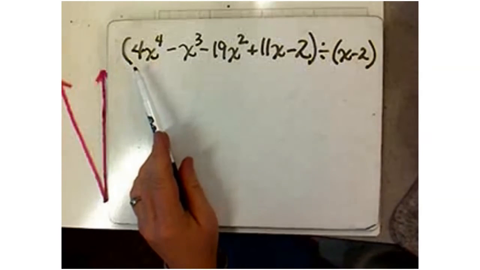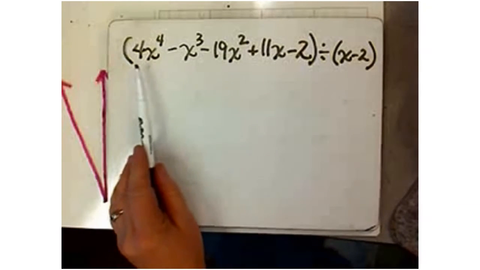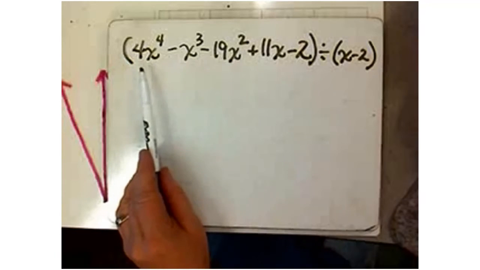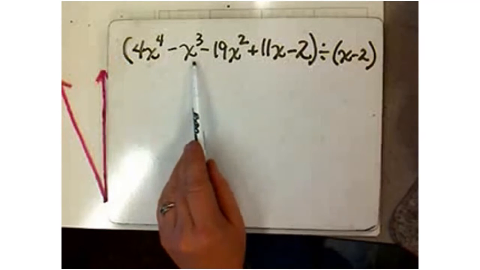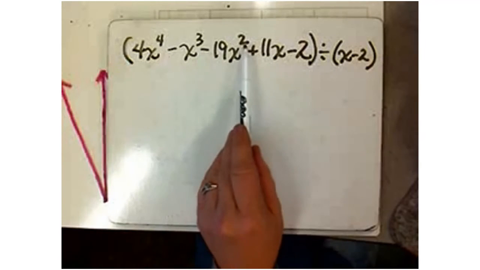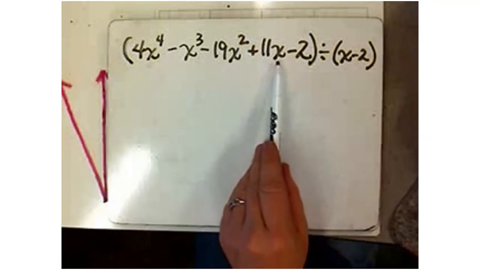You'd want to write it down very carefully and then make sure it's in descending order from the largest degree down. This is a fourth degree, so we have 4x to the fourth, minus x to the third, minus 19x to the second, plus 11x, minus 2.